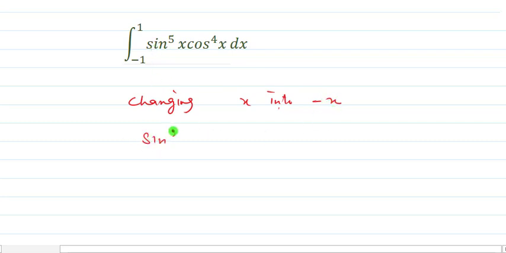Sine power 5 of -x into cos power 4 of -x. So you know very well that sine power 5 of -x is minus sine power 5x, and here it is cos power 4x. Because of even power, it will remain always positive.